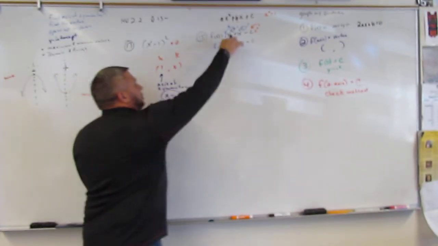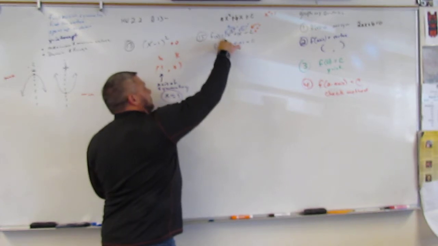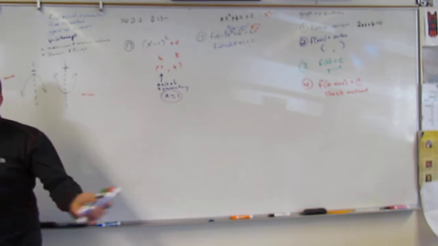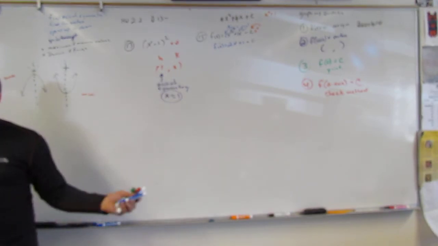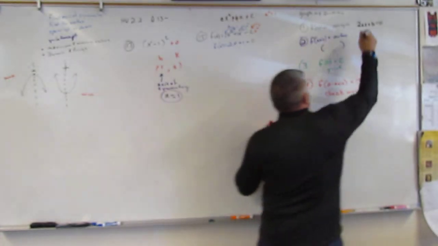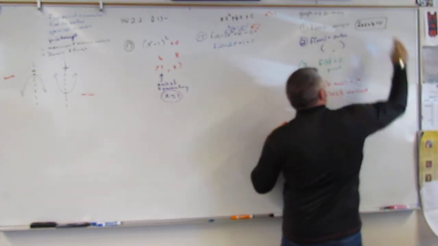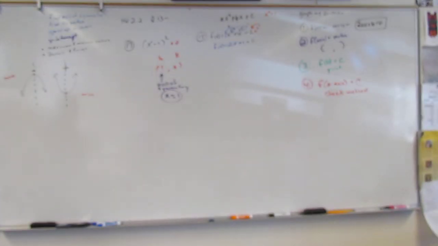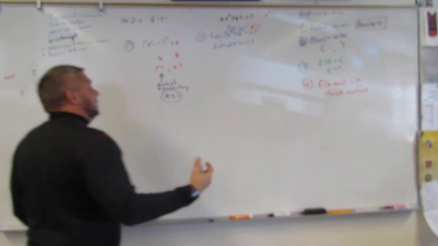So it's just 2 times the first coefficient plus the next coefficient. Every single time. You can write down the formula, or you can remember how to do the derivative. It's up to you.